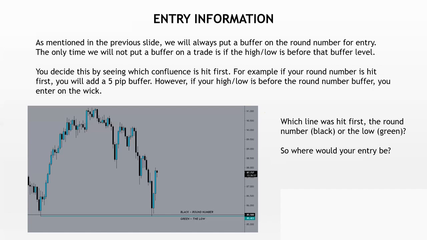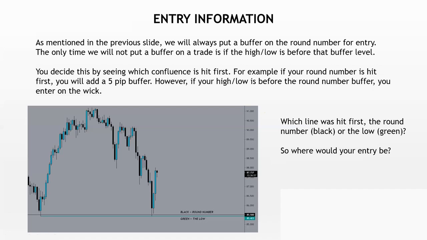So for example, Dale, if we're looking at that, if your black line is the first place price is going to hit, why do you think you'd enter on the green line? Because we need to assume that price is going to react on the first confluence it hits.